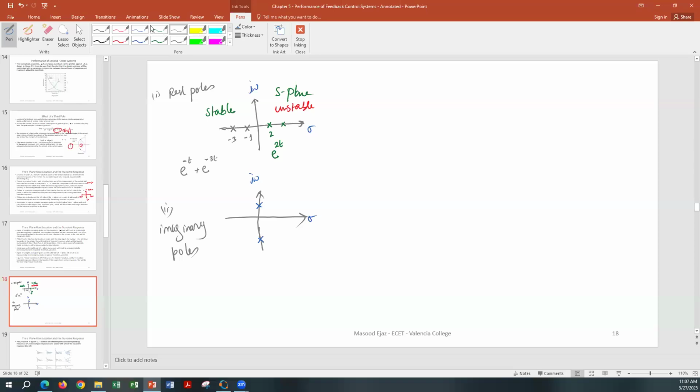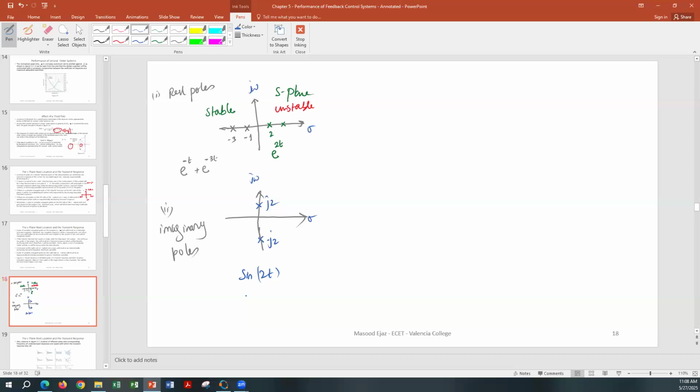Anytime you have imaginary poles, let's say negative j2 and positive j2, and let's assume there is no sigma, just imaginary poles, your transient response is going to be a sustained sinusoid with the frequency of 2 radian per second. So your transient response is going to have the shape sine of 2t or cosine of 2t.